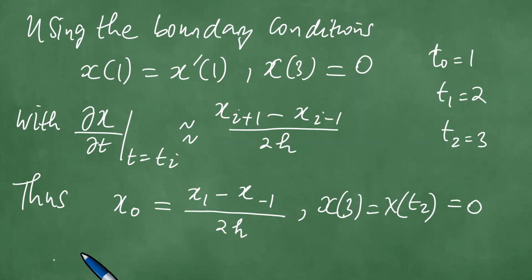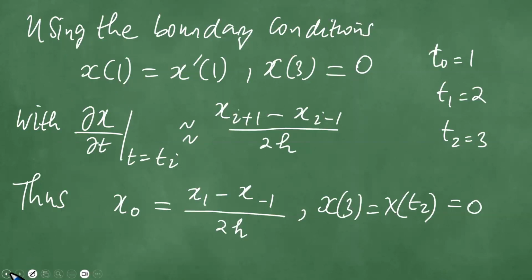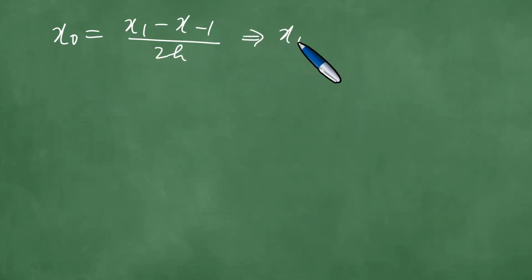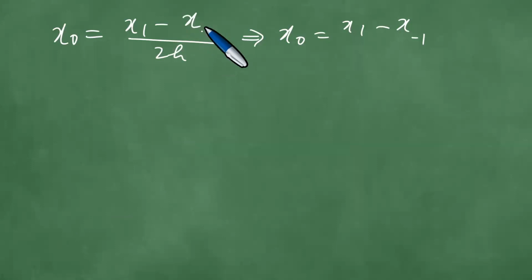Now let's analyze this one, x0. Right, x0 is equal to x1 minus these other, 2h, which implies that x0 is x1 minus x_{i-1}, and this is divided by 2 into 1.